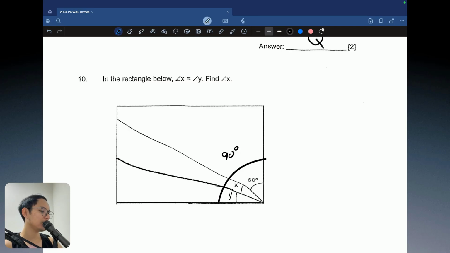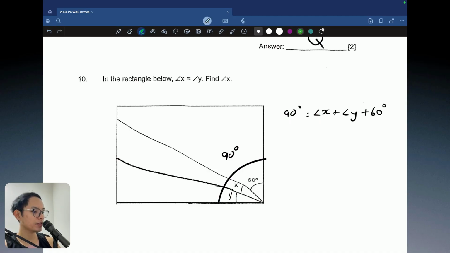So 90 degrees is equal to angle x plus angle y plus 60 degrees. Because if you were to highlight everything over here, this is 90 degrees, because in a rectangle, all of the angles inside it are 90 degrees.